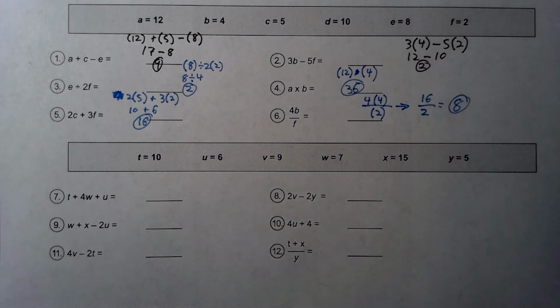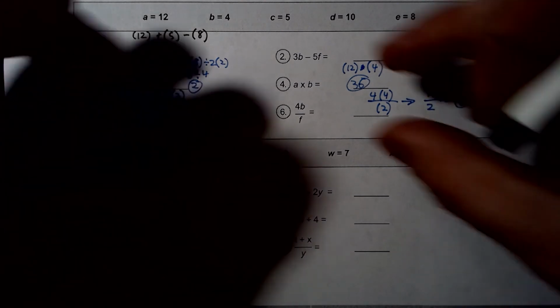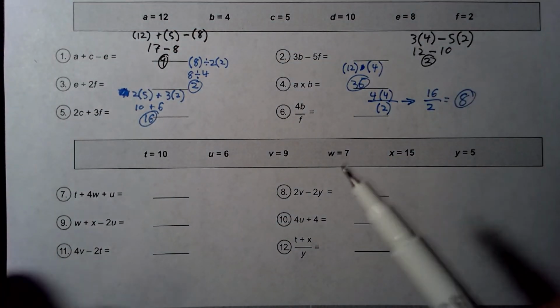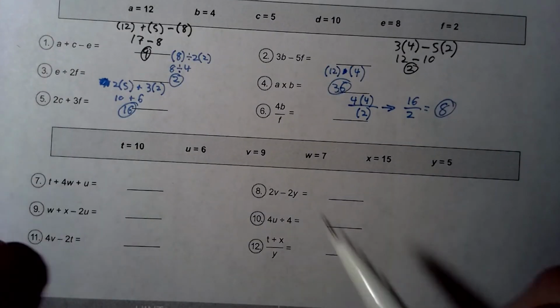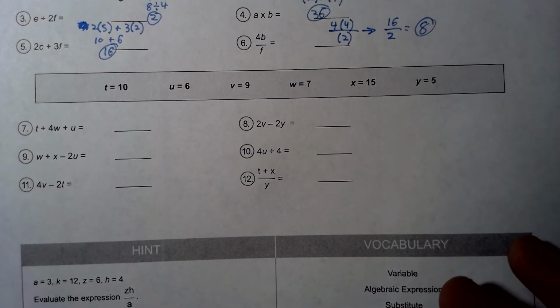A does not always equal 12 for every algebra problem that exists. B does not equal 4 for every algebra problem. That is for those 6 problems, that is what those values equal. For these 6 problems, this is what these values will equal. These are not the constant, forever, end-all, be-all values for those problems.